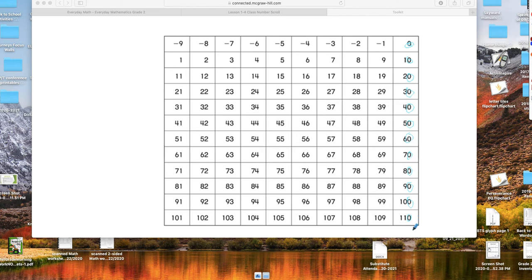And if we could keep going, it would go 120, 130, 140. What did we just count by? What kind of pattern did we just count by, Derek? The zero. Not the zeros. 10, 20, 30, 40, 50, 60. What are we counting by? Tens. We're counting by tens.